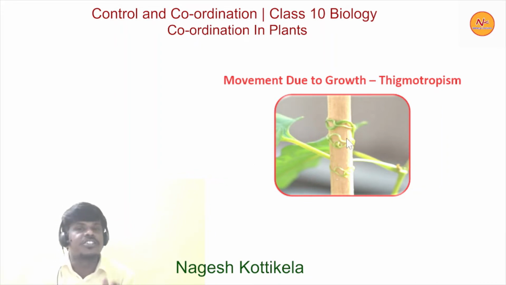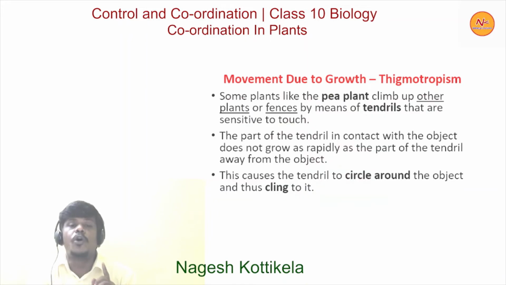When the tendril comes in contact with the support, it circles around the support and grows, clinging to it. This is what we call Chemotropism.